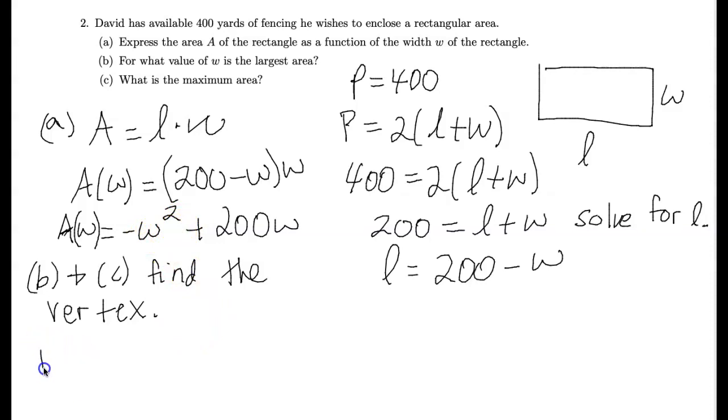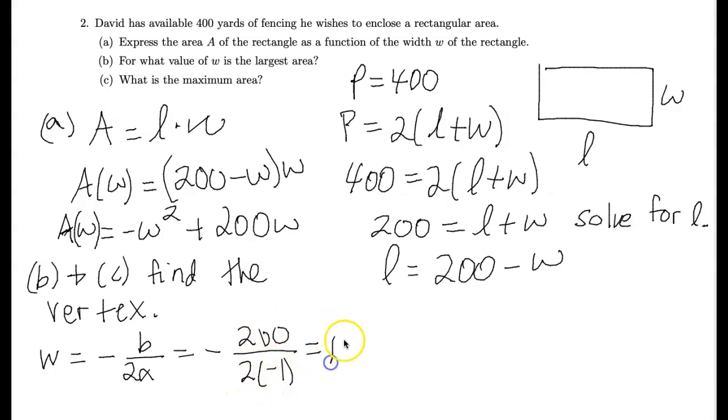So we know W will equal negative b over 2a, which will equal negative 200 divided by 2 times negative 1. The negative cancels, and then 2 into 200 is going to be 100. So the width should be 100 yards.